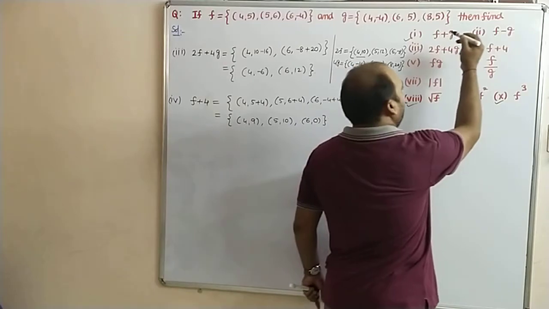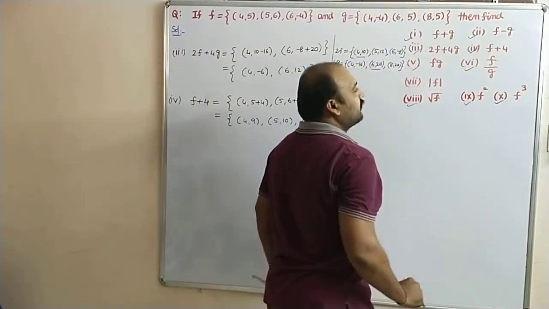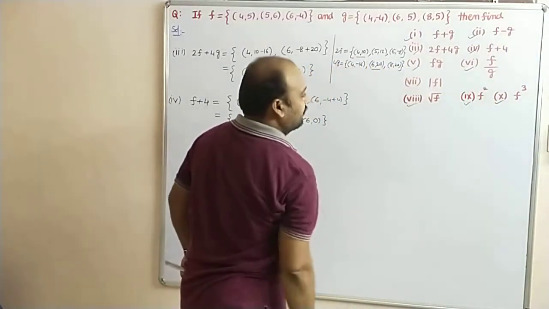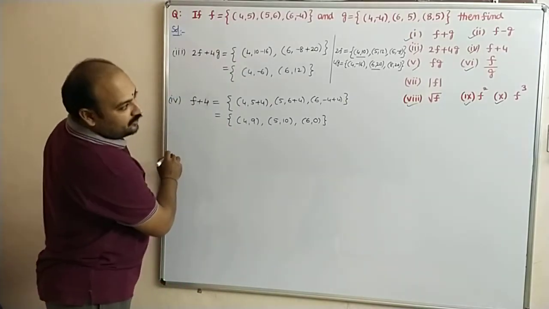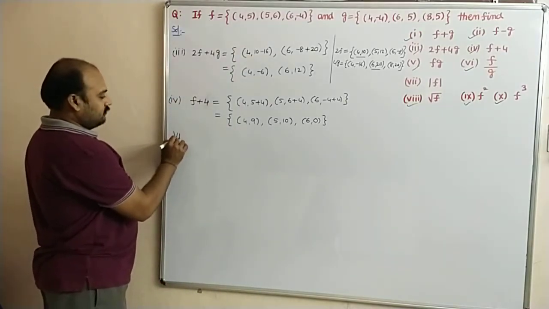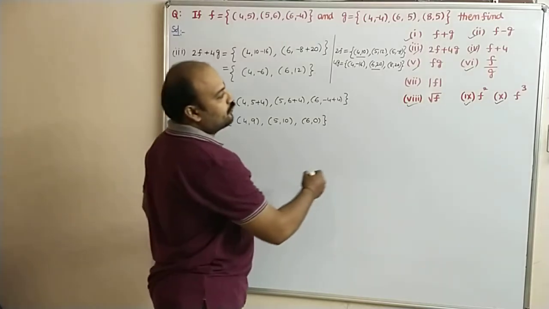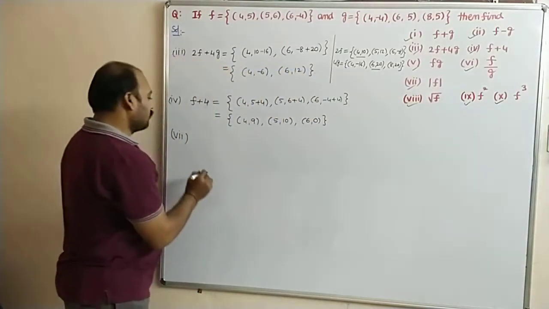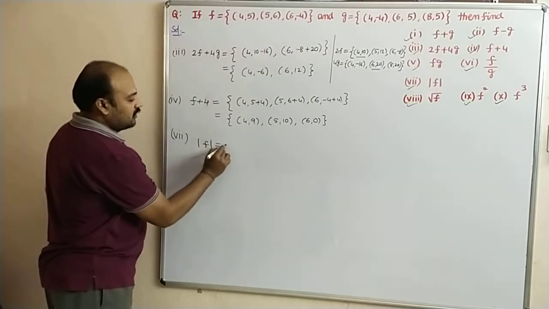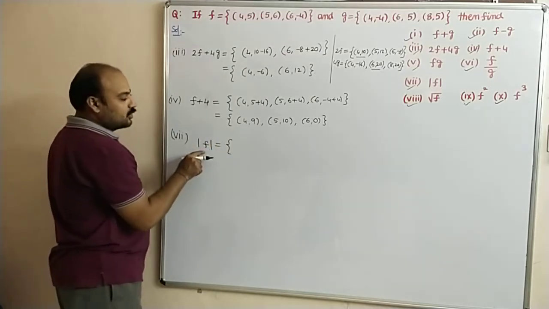Now these two also completed. f plus 4 also completed. Next mod f is the last one. So mod f. For the codomain elements you have to keep modulus.